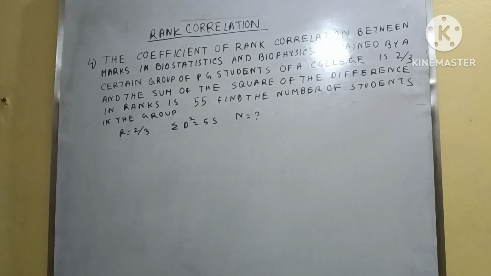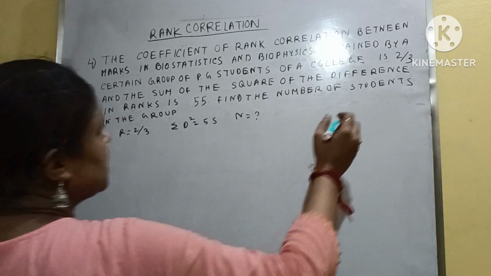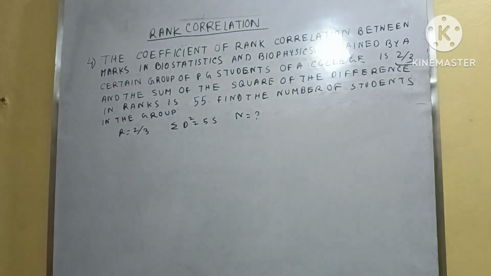Okay, so here an example is: the coefficient of the rank correlation between the marks in biostatistics and biophysics obtained by a certain group of PG students of a college is 2/3, and the sum of the squares of the differences in rank is 55. Find the number of students in the group.